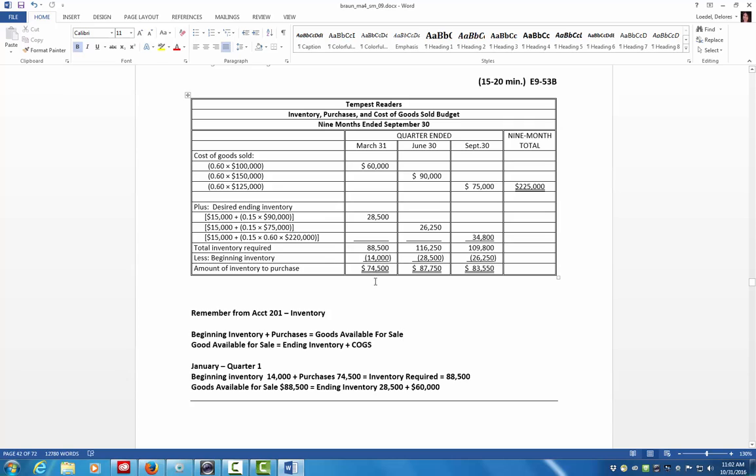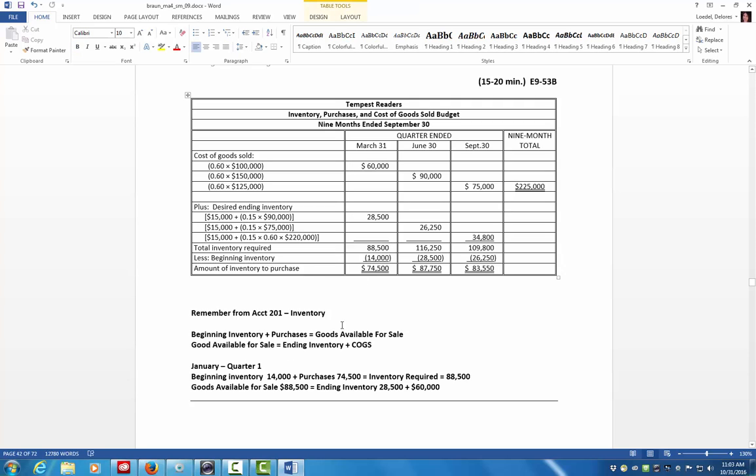So if we say 14,000 is our beginning inventory, plus purchases of 74,500, that gives us our inventory required, or goods available for sale, of 88,500.